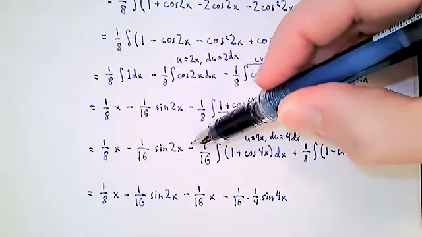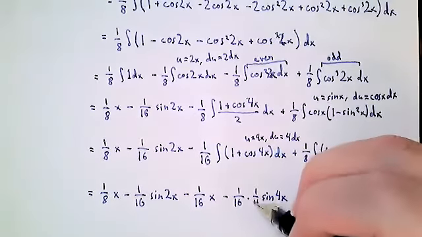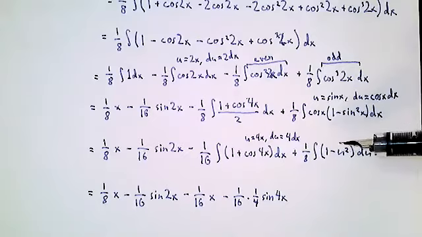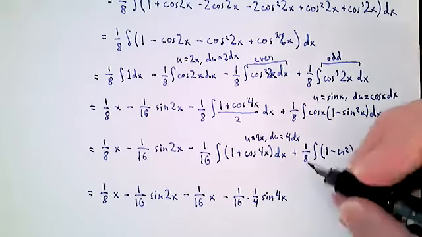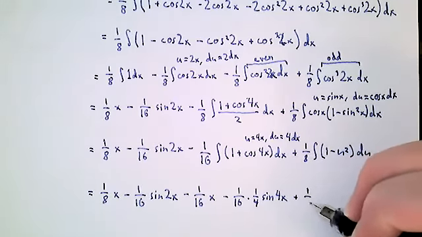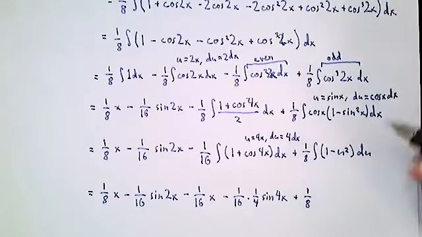And I've just distributed this minus 1 over 16 to each term. And then over here, we'll get a u minus 1/3 u cubed. So our u, in this case, remember, is sine. So that'll get us a 1 over 8 times sine.